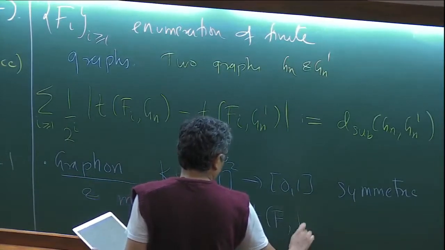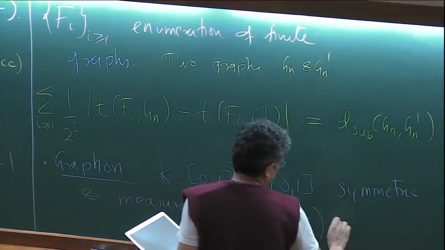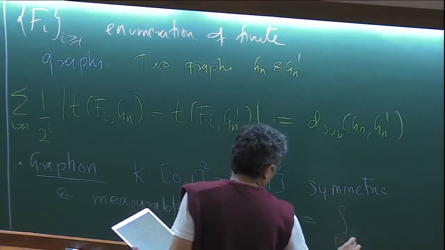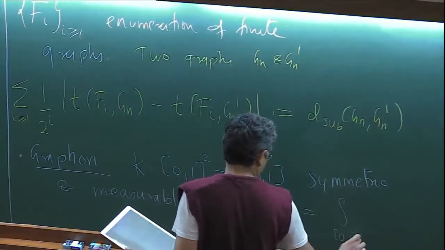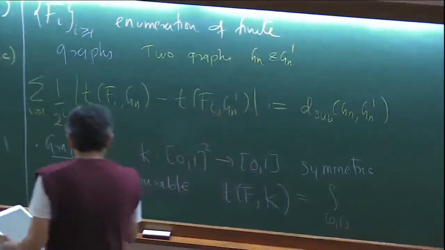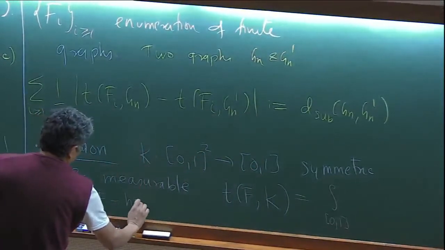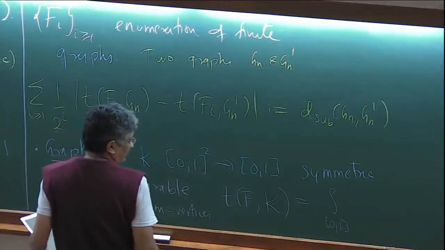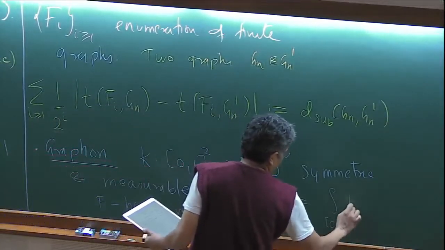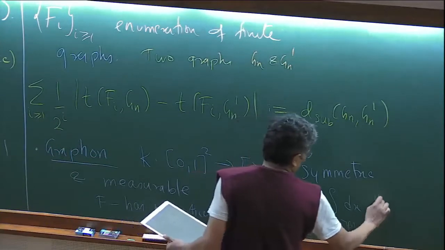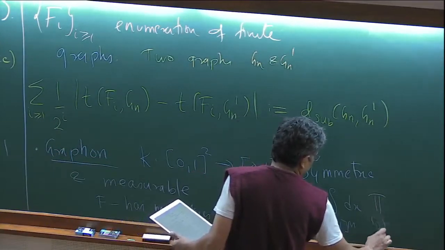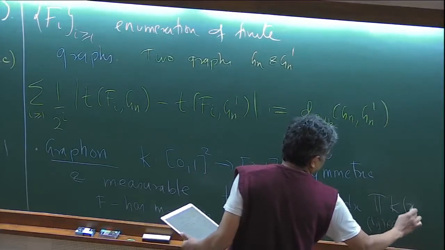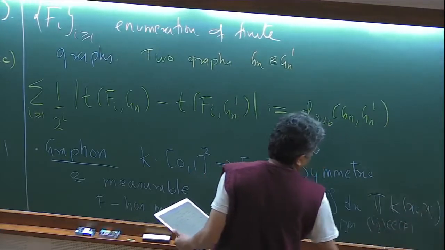So tF of kappa is just the integral on the unit square. Let's say F has m vertices. So it's the integral over [0,1]^m dx of the product over all edges ij of F of kappa(xi, xj).